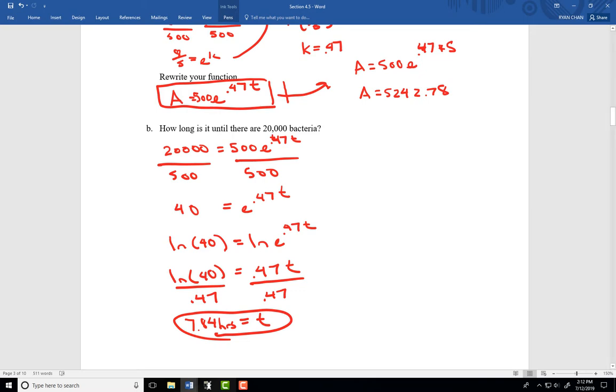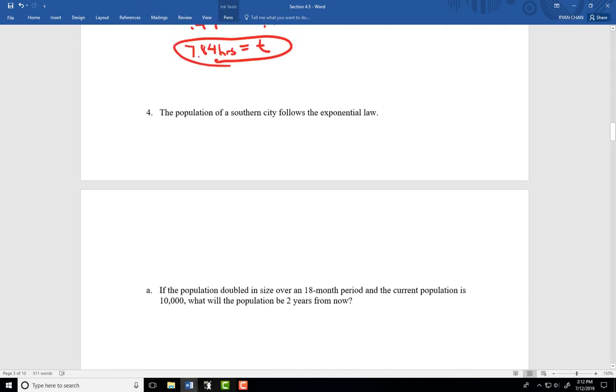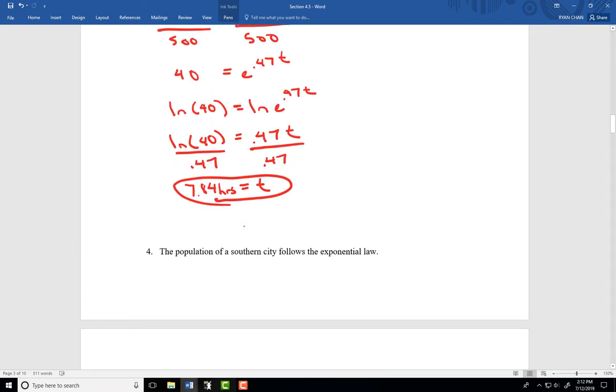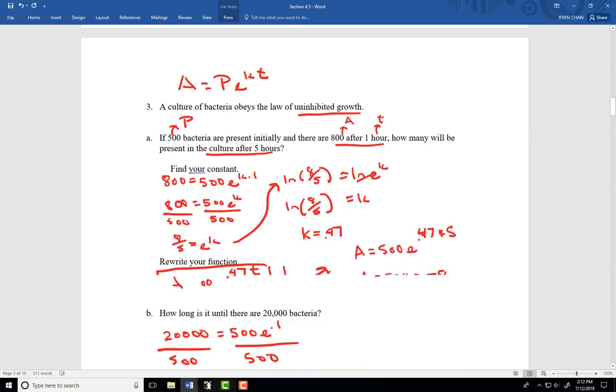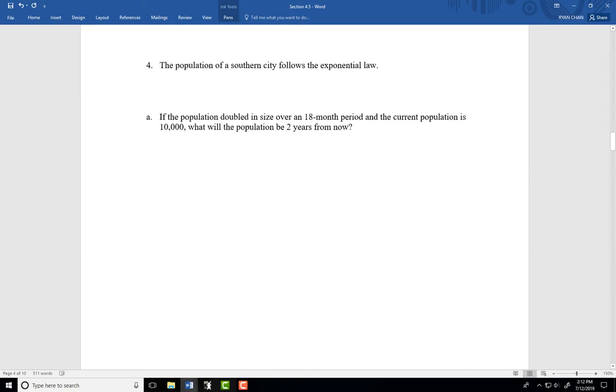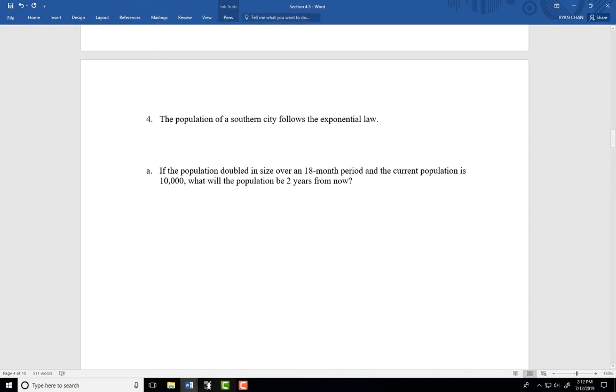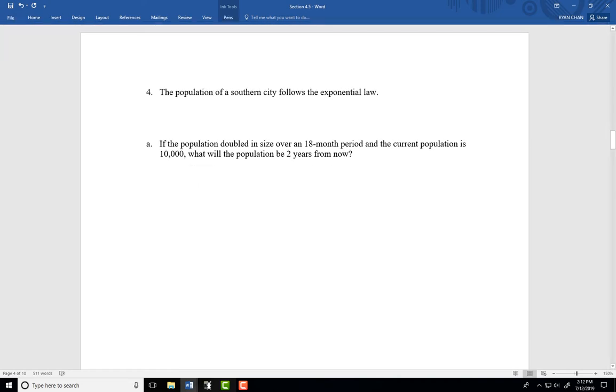Okay. So let's look at another example. You're going to see stuff like doubling time and half time quite a bit. This is going to be kind of an interesting problem.